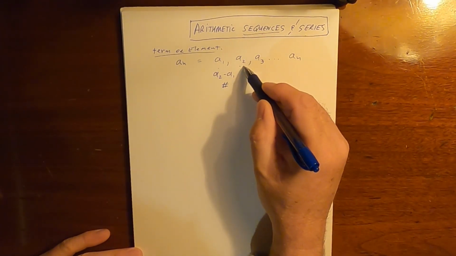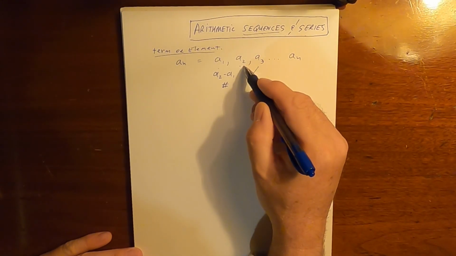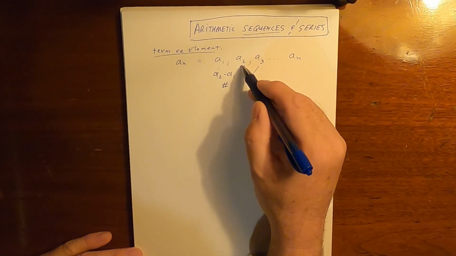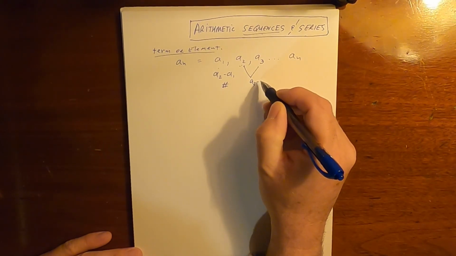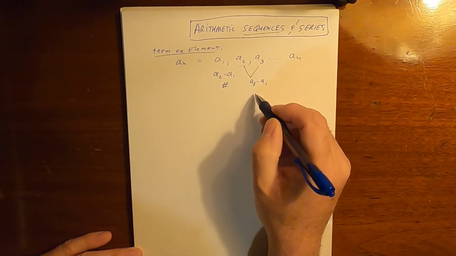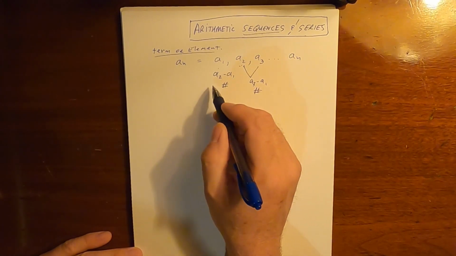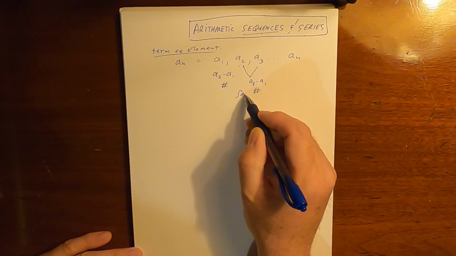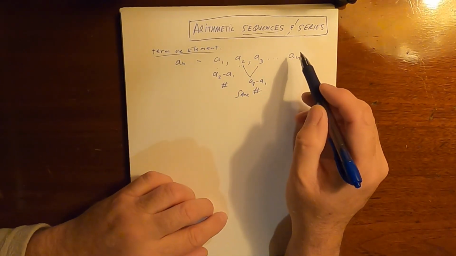Then if you did the same thing between the third term and the second, a_3 minus a_2, you'd get the same number. The same number. So it's always going to be that way.